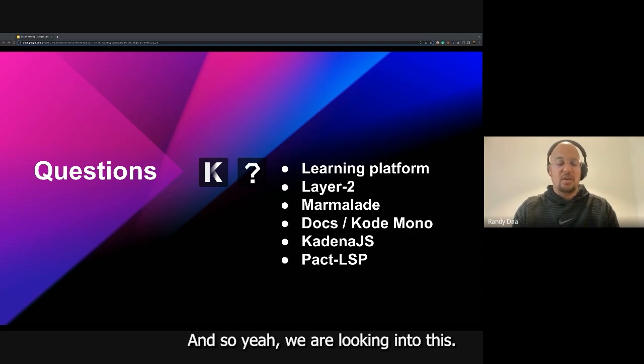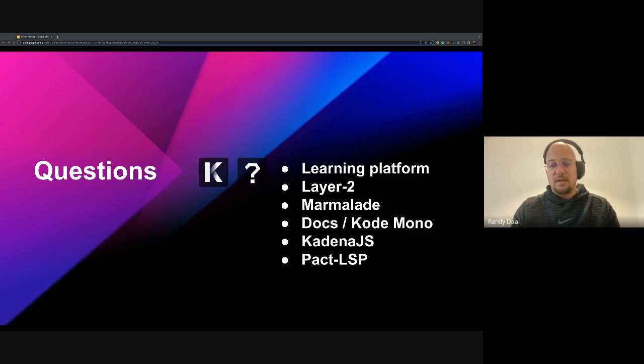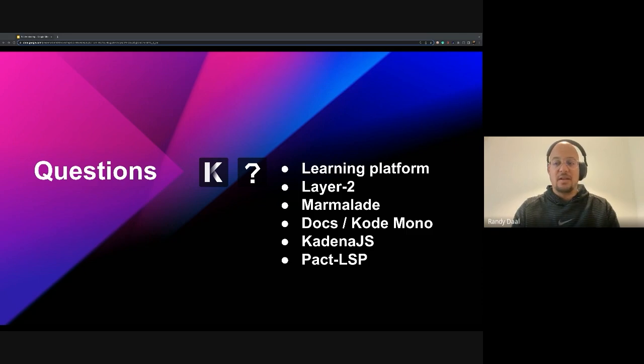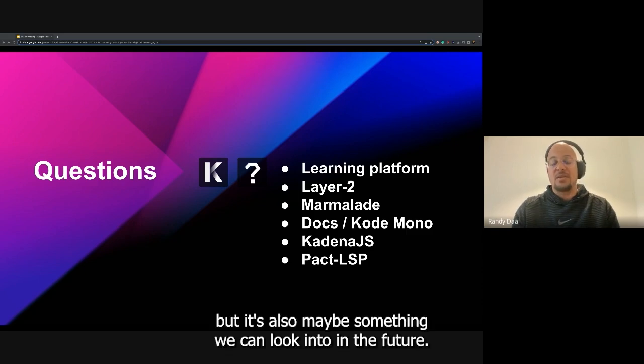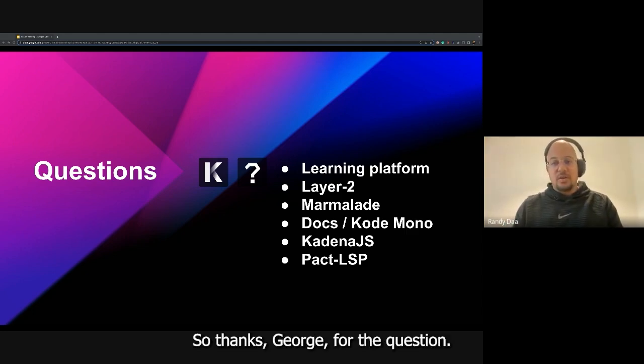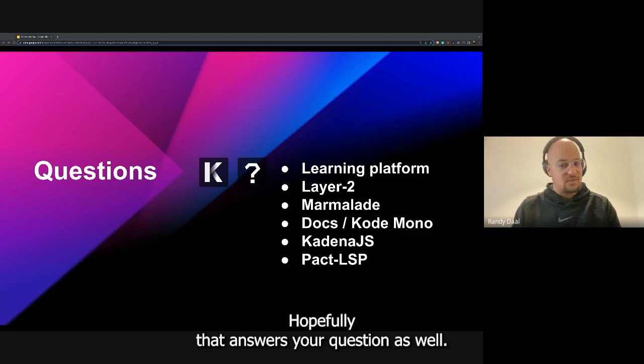So yeah, we are looking into this. I think it's a good point, because indeed Chainweb data is not easy to maintain, but it's also something we can look into in the future. So thanks, George, for the question. Hopefully that answers your question as well.